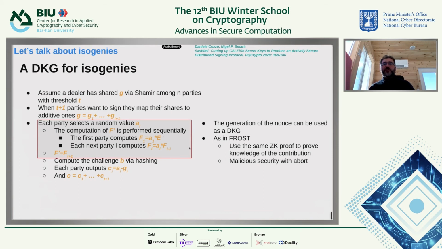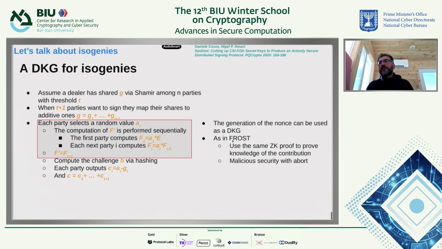So this generation of the nonce can also be used as a DKG if you want. You have to somehow make sure that this additive sharing gets mapped into shares, but that's okay. It's basically the equivalent of a Feldman VSS, with the main crucial difference that you have to do things in sequential rounds rather than in parallel, the way Feldman does it.